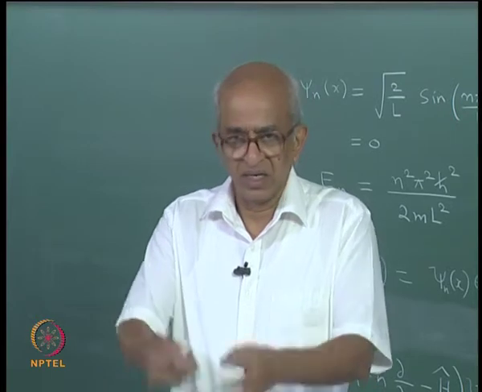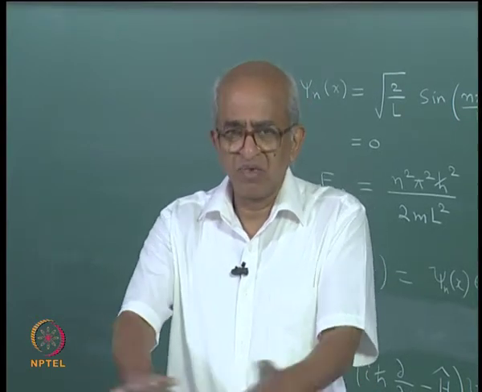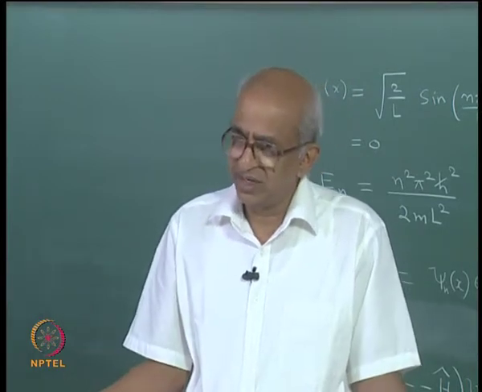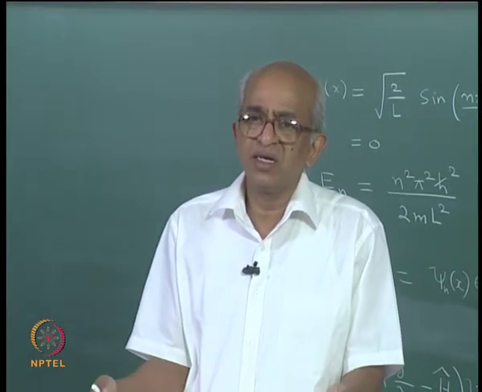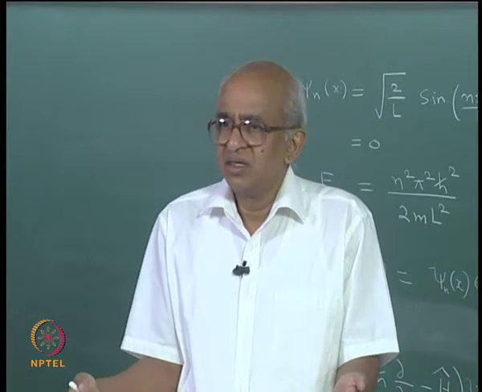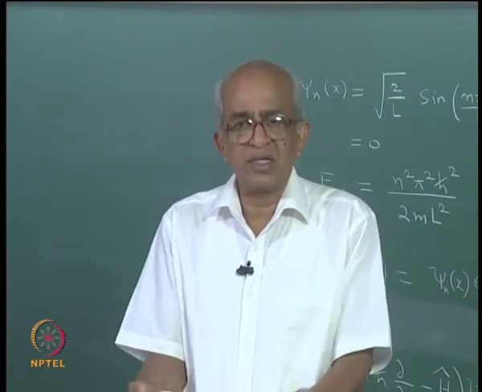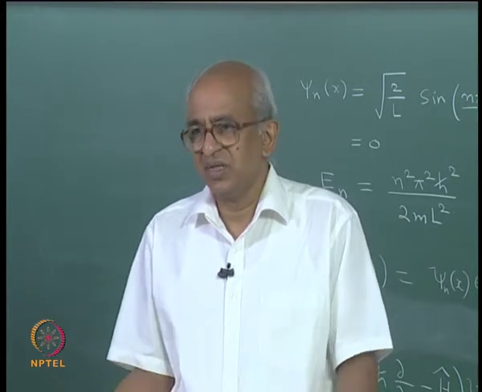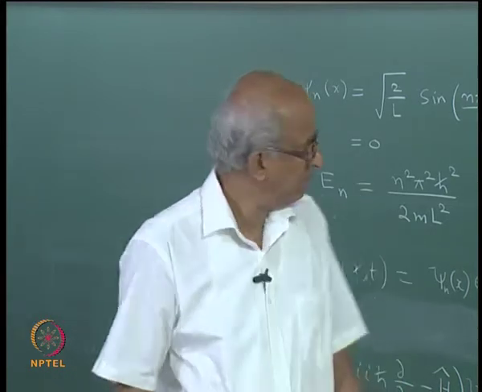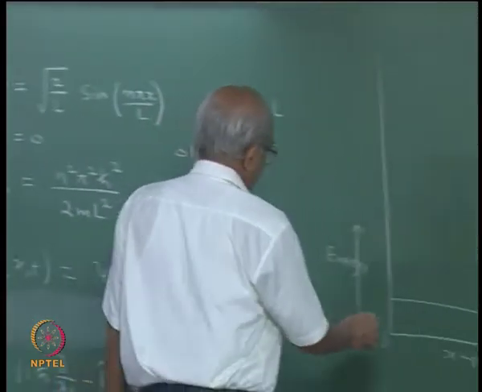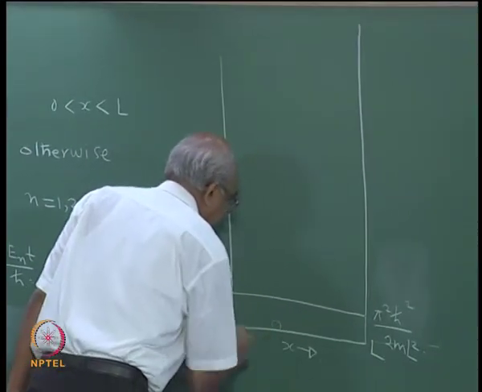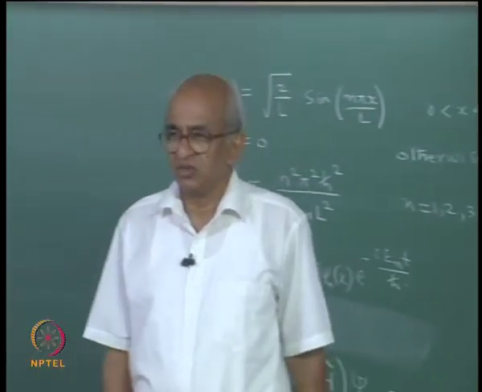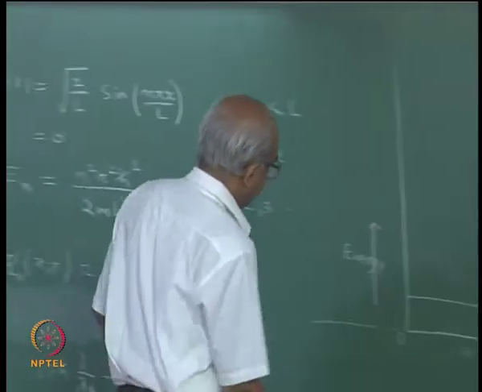It has absolutely no kinetic energy because it is not moving, right, and the potential energy inside the box is 0. So therefore the total energy classically can be 0. So the particle may be just sitting here like that if it was obeying classical mechanics, and then it can have an energy 0, or in fact it may be moving, right.